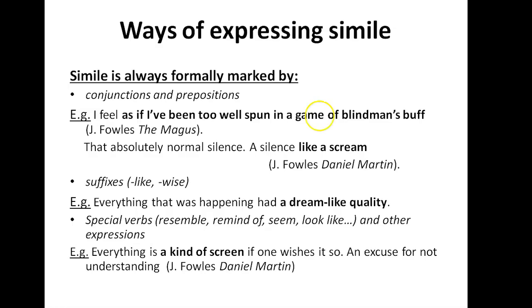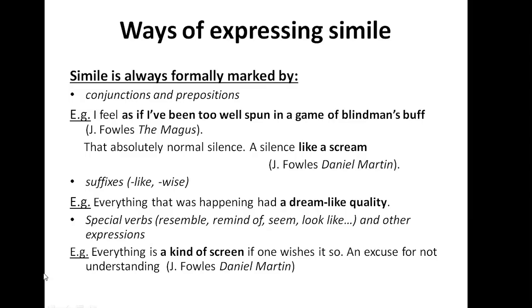Ways of expressing simile. Simile is always formally marked by conjunctions and prepositions. For example, I feel as if I have been too well spun in a game of blind man's buff. That absolutely normal silence, a silence like a scream.